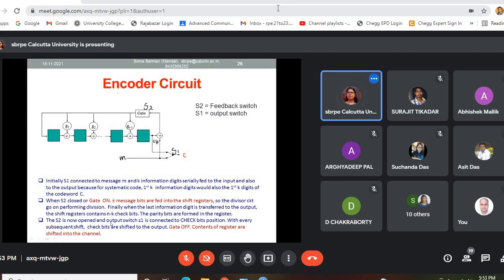Then the S2 switch is open and output switch S1 is connected to the check bit position. With every subsequent shift, check bits are shifted to the output. Now the gate is off, and the contents of the shift register are shifted into the channel. Is this circuit connection clear?